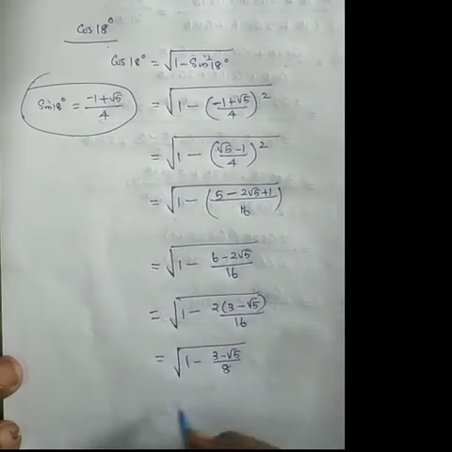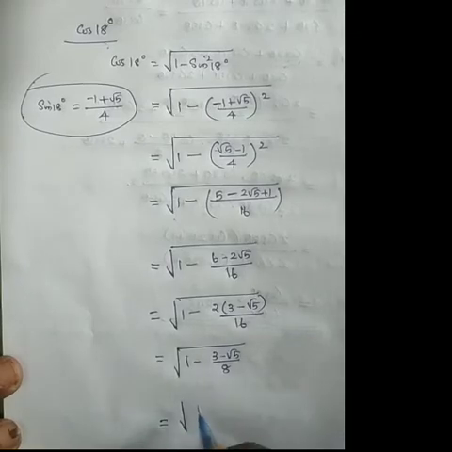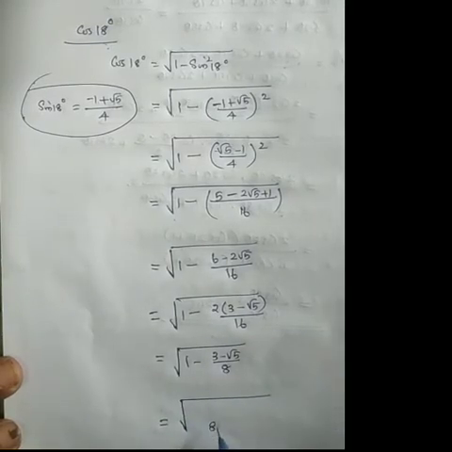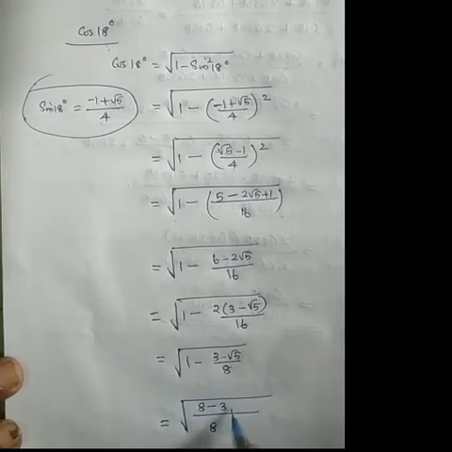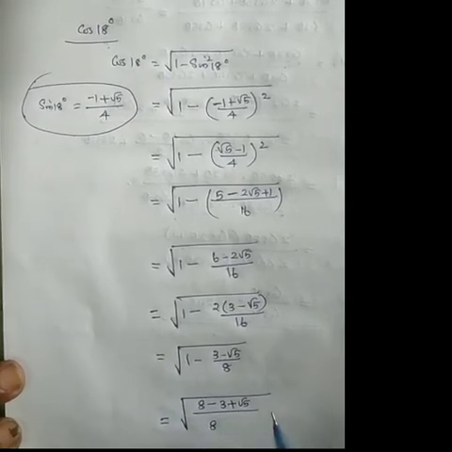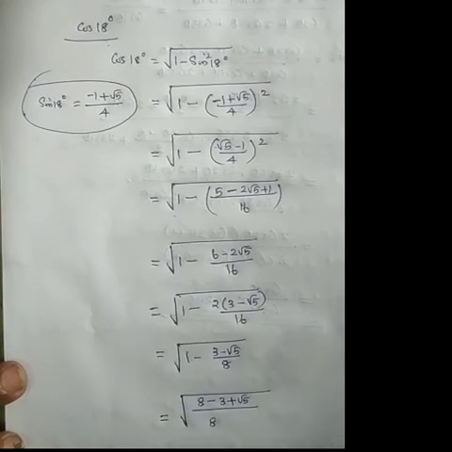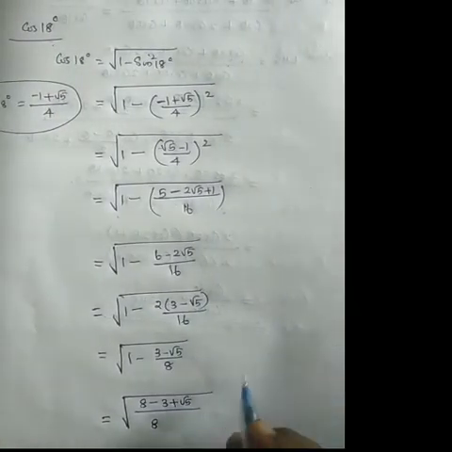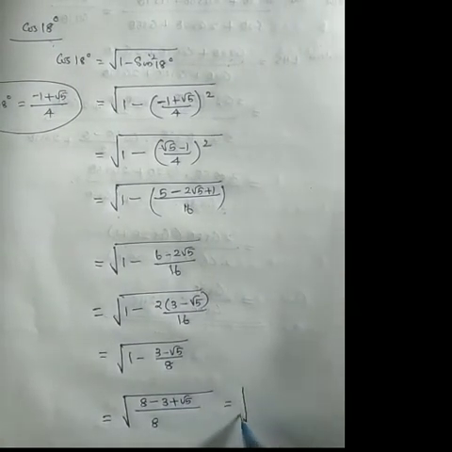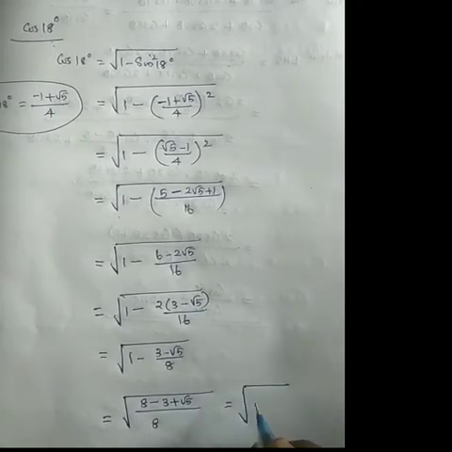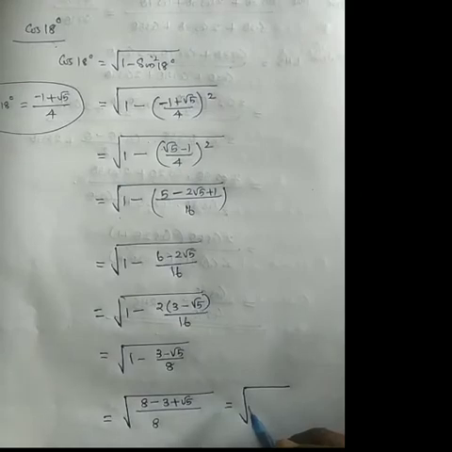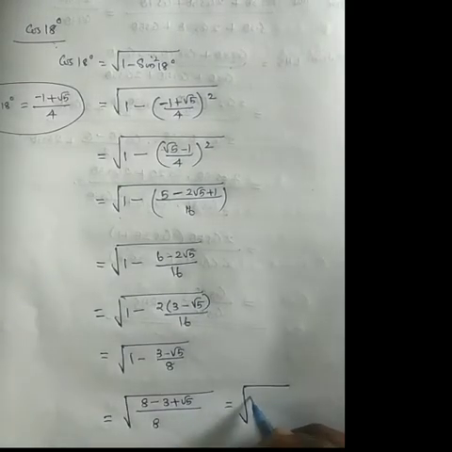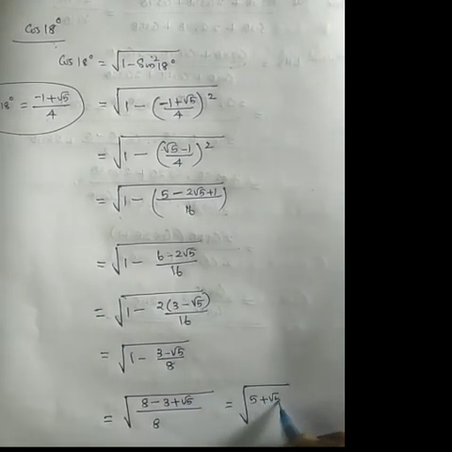Okay, taking 8 as LCM, we get square root of 8 minus 3 plus root 5, which is equal to square root of 8 minus 3 is 5, plus root 5 by 8.